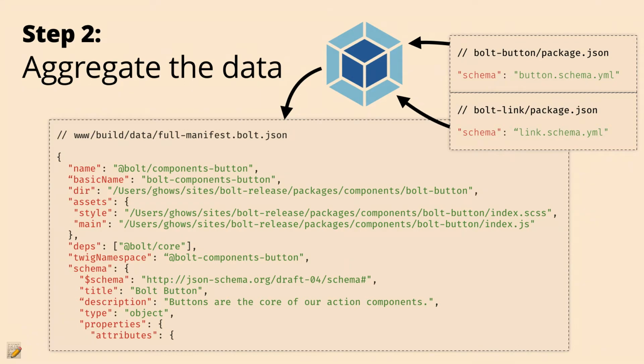So we actually ended up aggregating all of the schema data in the design system into one place. So rather than having every schema just kind of living on its own, we have one master data feed that has every component with every component schema all in one spot.